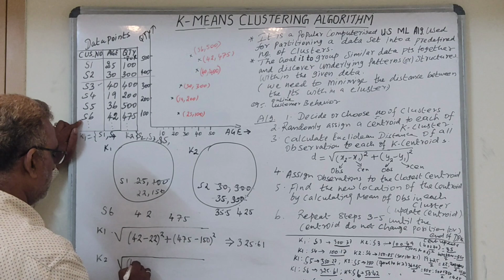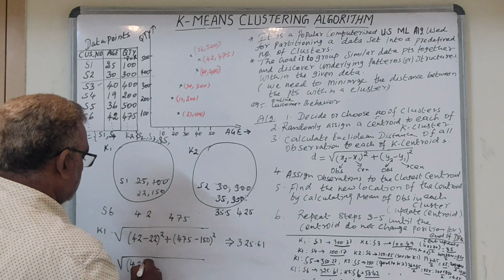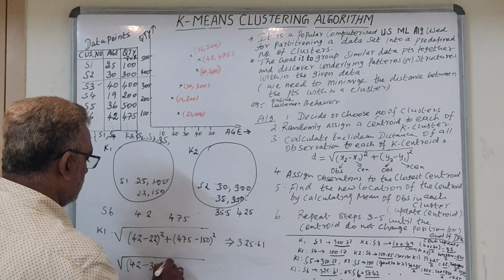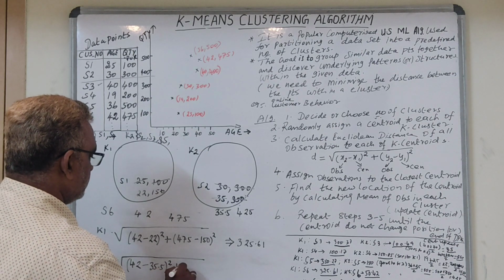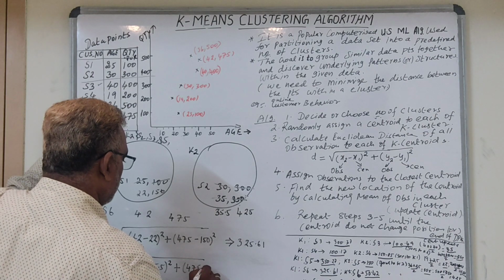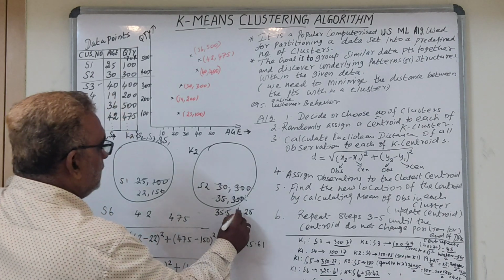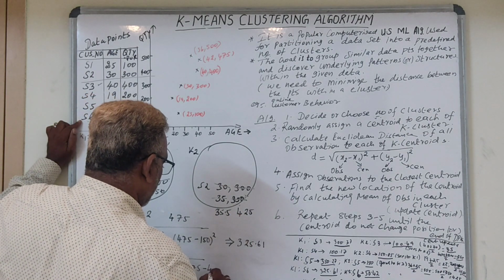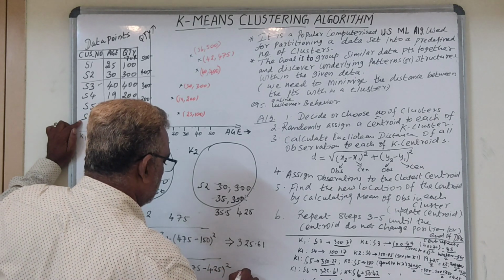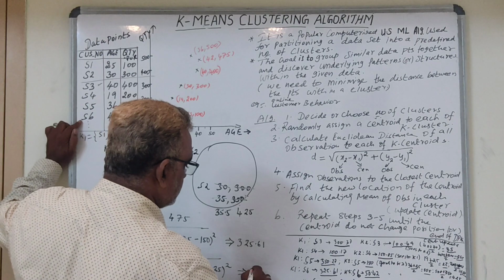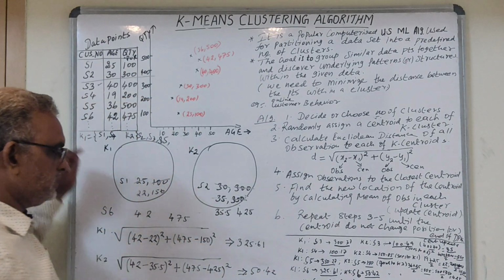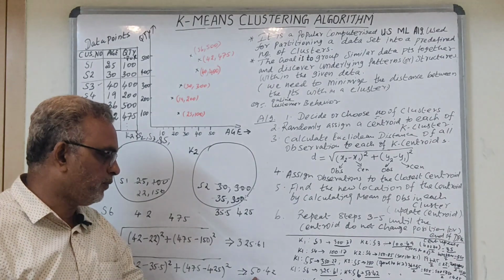This is 42 minus 35.5 whole square plus 475 minus 425 whole square, which is equal to 50.42. So the lesser value is 50.42.